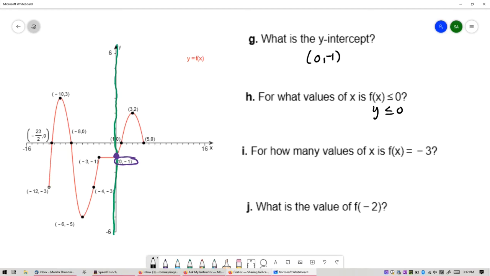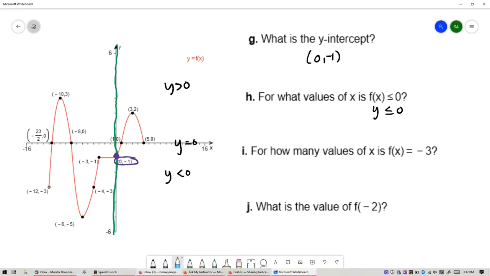So I've got my y scale highlighted in green there, and I just want to remind you that all of the points that are above the x-axis will have y being greater than 0. All of the points below the x-axis have y being less than 0. We know that from the y scale. And then right on top of the x-axis, that's when y is equal to 0.